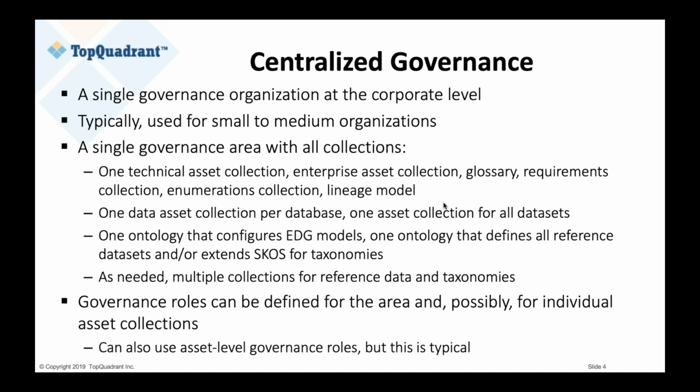I mean, you could have multiple, but since here we're talking about a focused centralized setup, it will often be one. And then as needed, you could have multiple collections for different reference data sets and taxonomies. In this mode of governance, you typically assign governance roles for the area, but you could possibly assign some of the roles at the individual collection level as well.